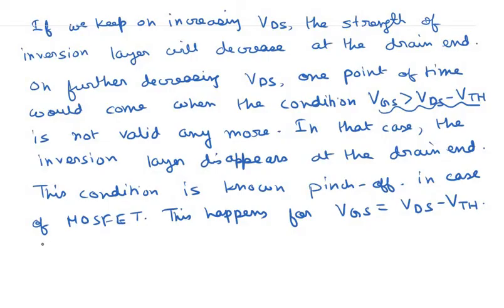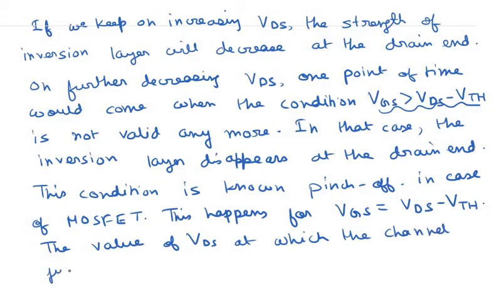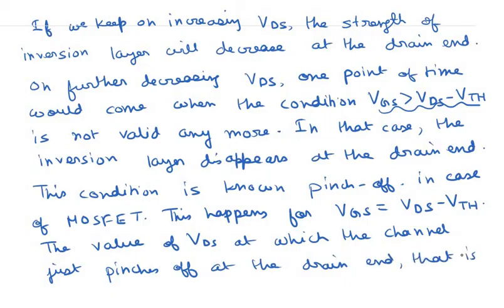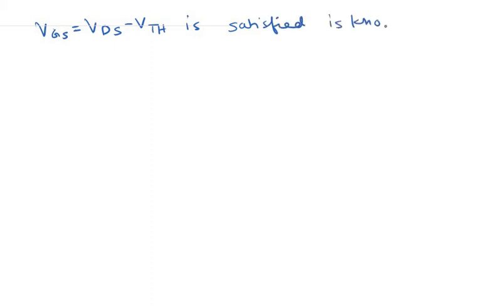Okay, the value of VDS at which the channel just pinches off, or the channel just disappears at the drain end, that is, this condition VGS equal to VDS minus VTH is satisfied, is known as the saturation drain to source voltage.